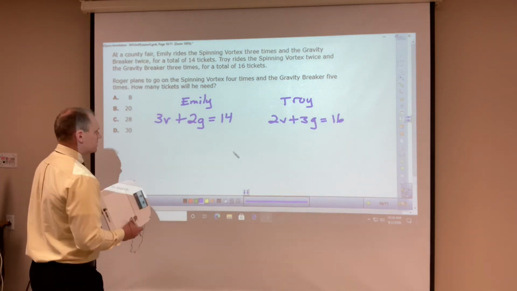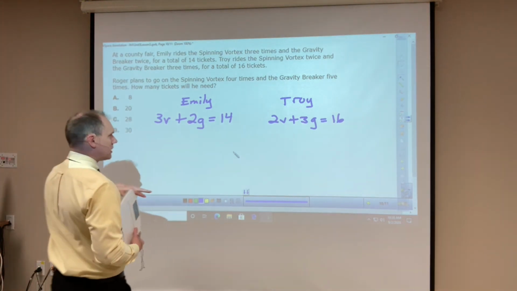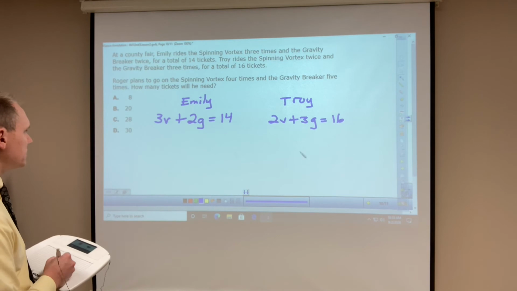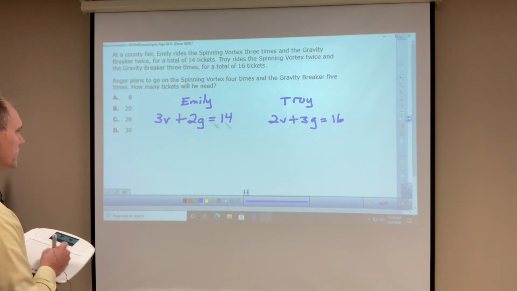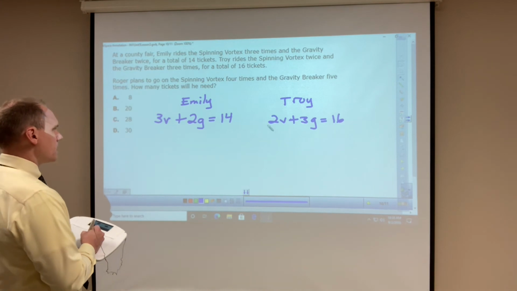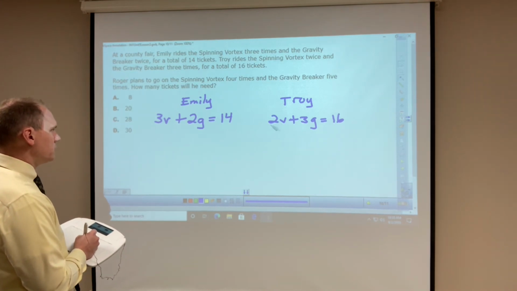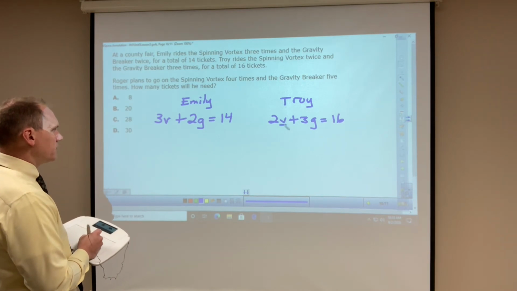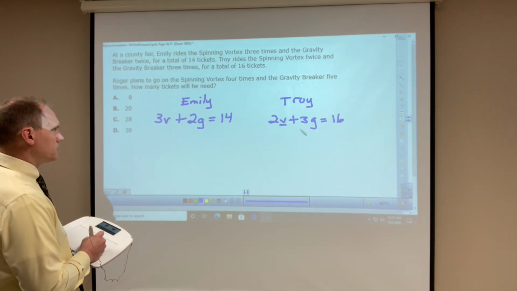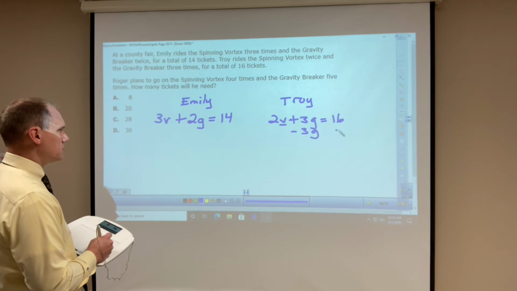So what we need to do is isolate one variable here. It doesn't really matter here. All of them are probably equally difficult, but I'm going to isolate V. So let's get V by itself here. So let's subtract 3G on both sides.